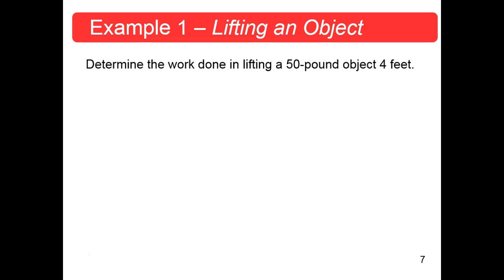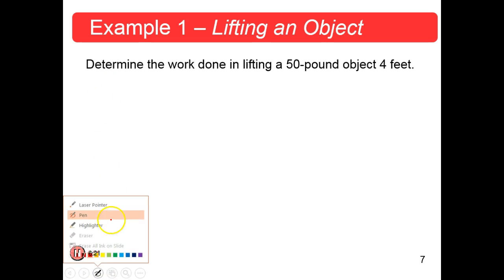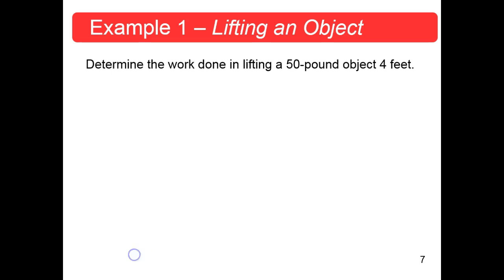Determine the work done by lifting a 50-pound object 4 feet. Any guesses? Say again? 200's a number. Okay? Say again? Foot-pounds. Very good. Okay? The unit for work.